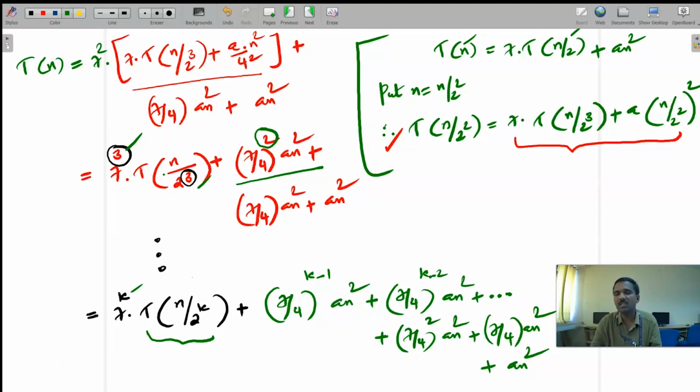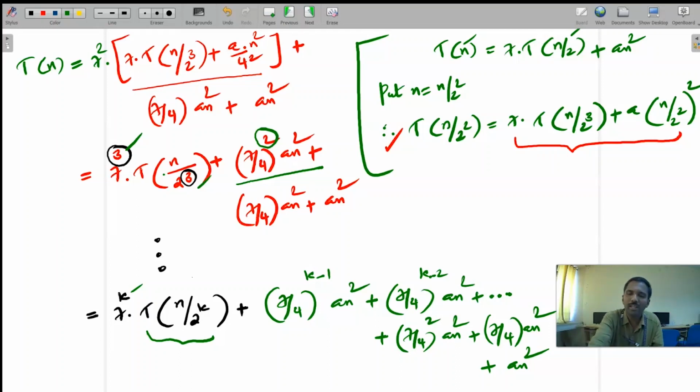Now since n and 2 power k are equal, n is equal to 2 power k, so t of n by 2 power k becomes t of 1. That means the actual parameter becomes 1. So the recursion terminates.